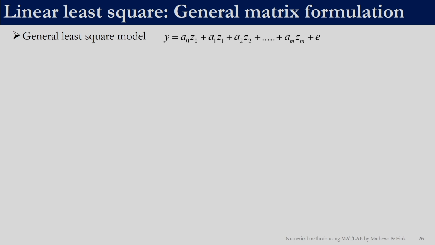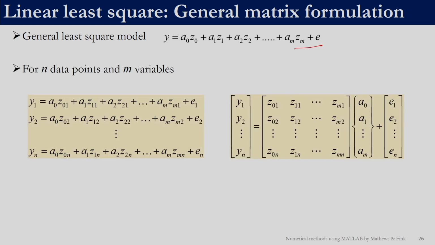So, this is that general model which we discussed in the previous slide. If n data points are given and if there are m variables, the data points are going to be y1, y2 all the way up to yn. Here z0, z1, z2 all the way up to zm are the m plus 1 independent variables.